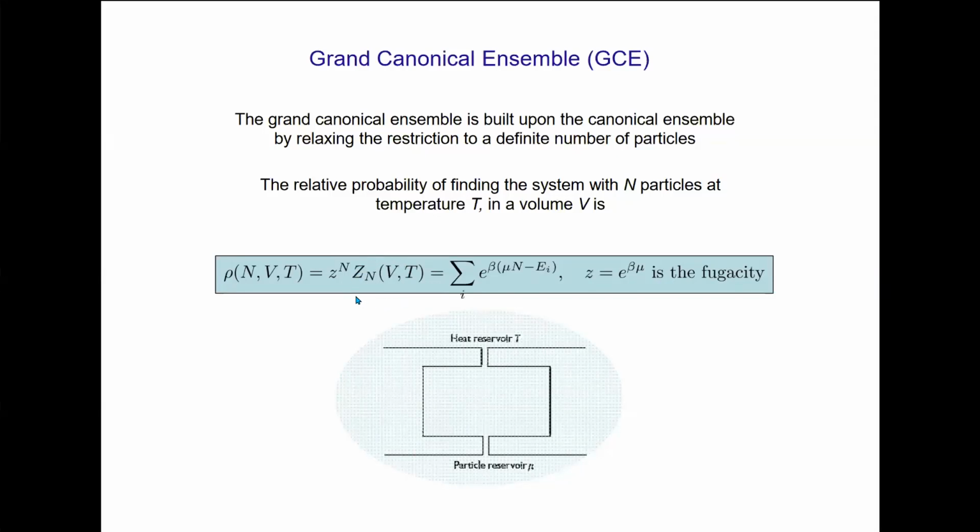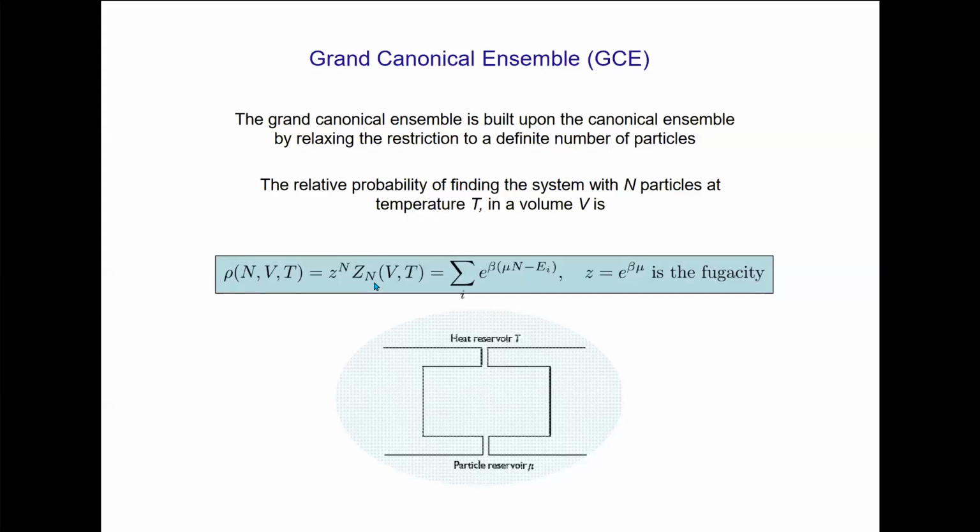But now we take different canonical ensembles corresponding to different numbers of particles, and we multiply the canonical partition function with a fixed number of particles by the additional factor z^n, where z is a new variable and n is the number of particles.